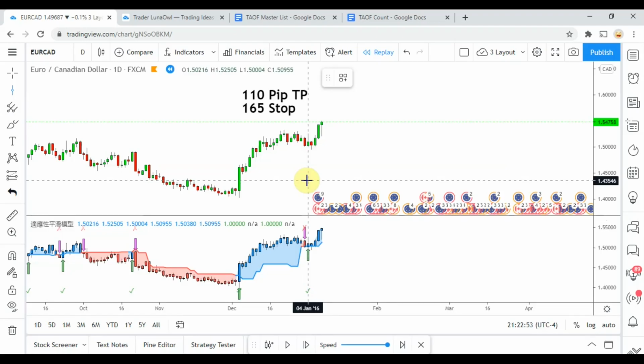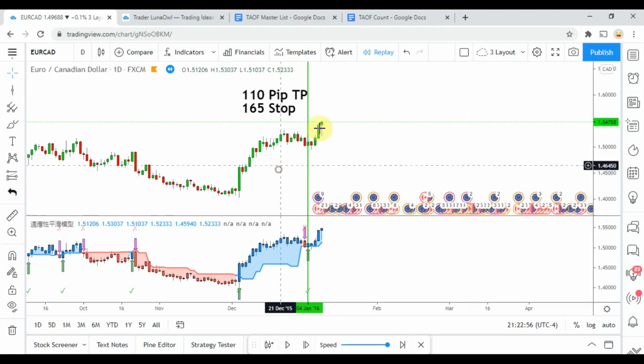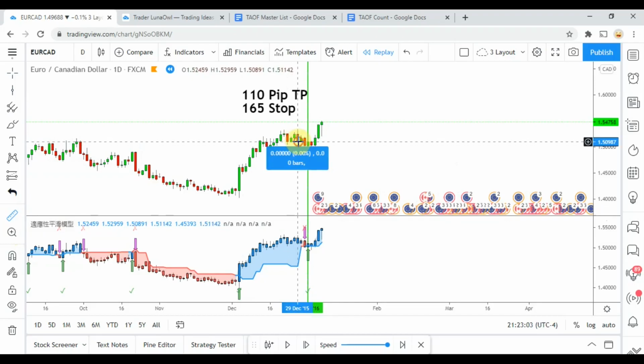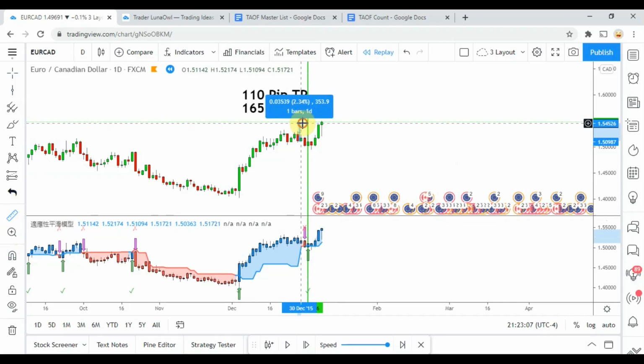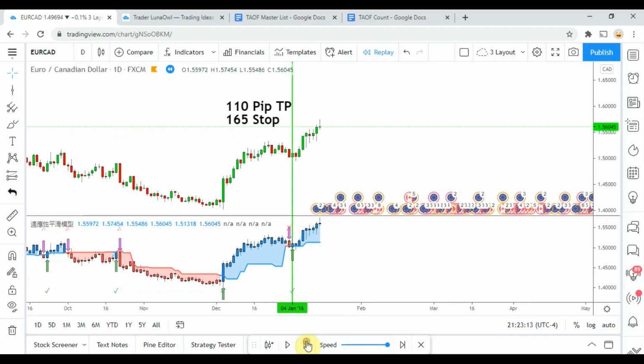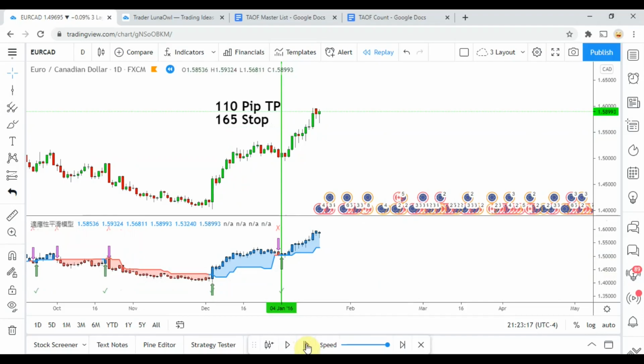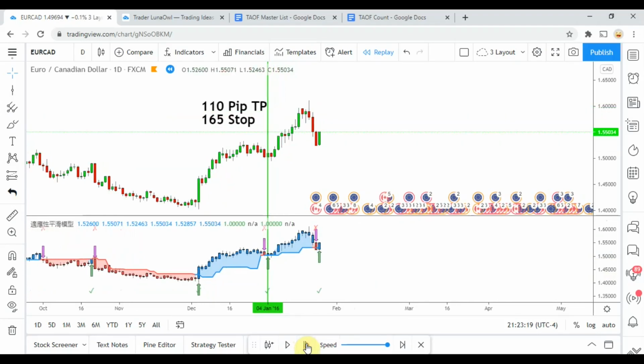This one right here, we pick up a long right there on that particular one. And you can see that we get a pullback here. Looks like we stayed within our stop though, and we did then take off to the upside, getting us to take profit. So let's go ahead and continue to play this forward here just a little bit.